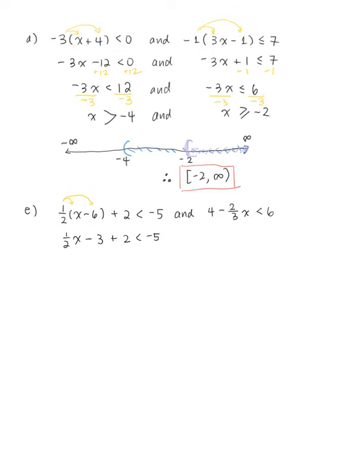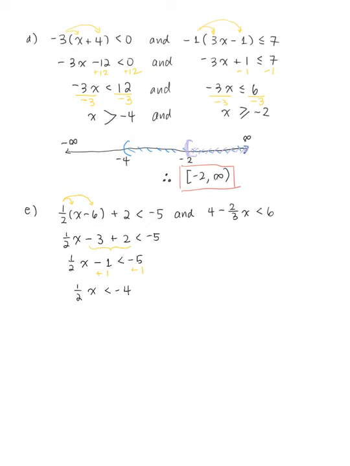All right, now I think we could combine these two. So we're gonna have 1/2 x minus 1 is less than -5. Add 1. You're gonna have 1/2 x is less than -4. Okay, so now what are we gonna do? We want to make that coefficient on x a +1.